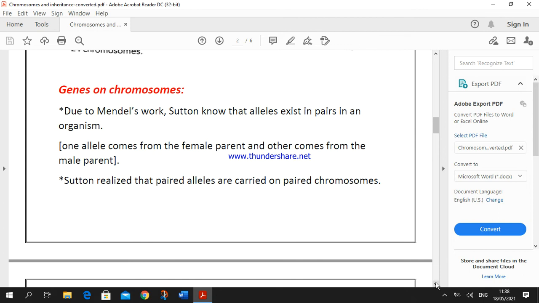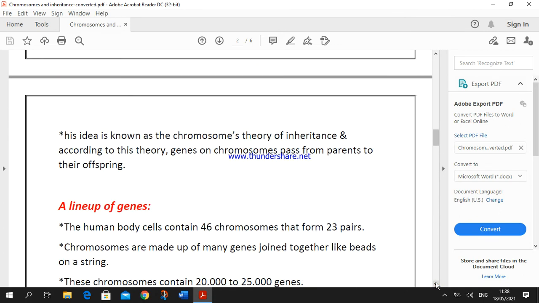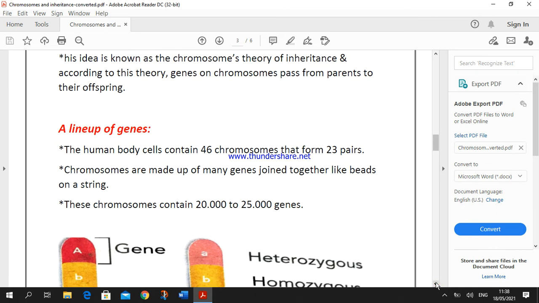The paired alleles responsible for the appearance of a certain trait are carried on paired chromosomes, one coming from the male parent and the other from the female parent. His conclusion is known as the chromosome theory of inheritance.